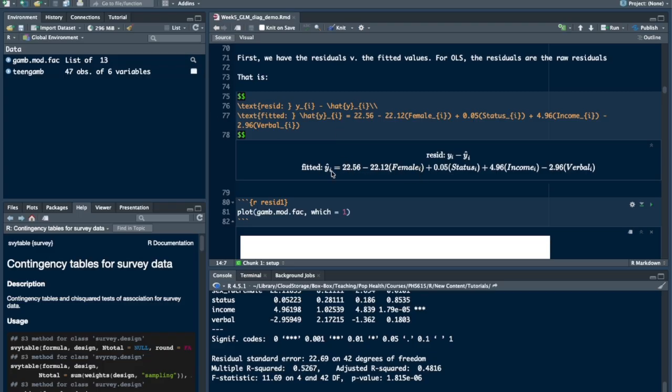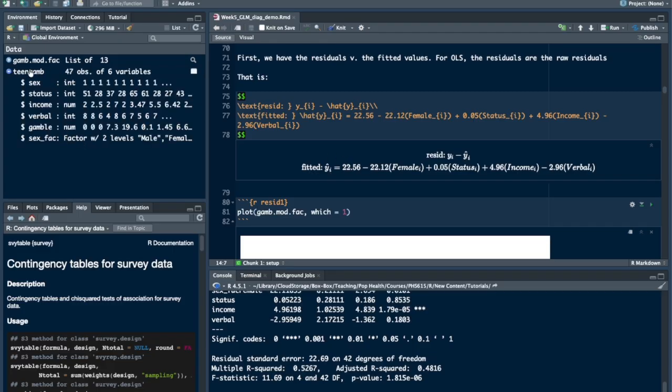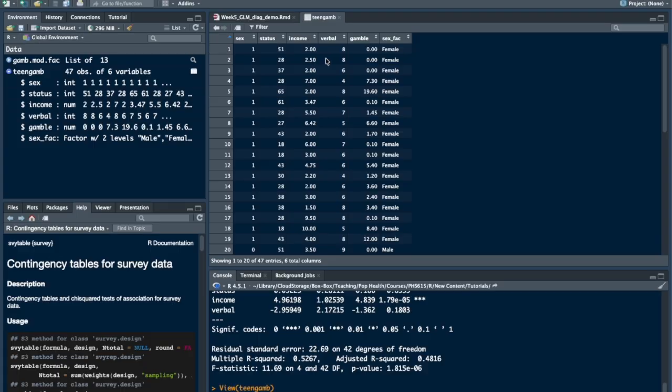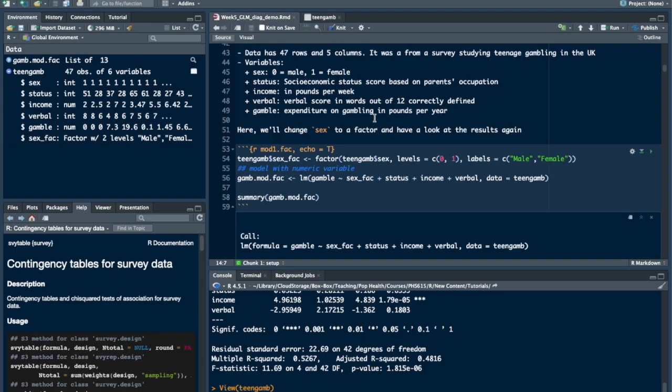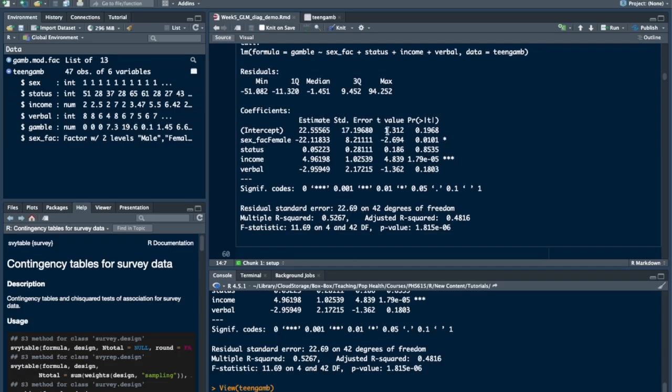So for person, let's pick a person out of the data set. Just randomly, we'll pick this person, this female here, right? Whose gambling expenditures were 19.6 pounds. I think that's per week, right? Forgot. Per year. Okay, well, that's not that much.